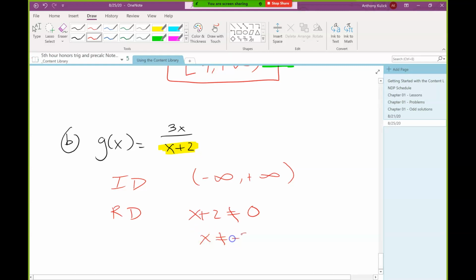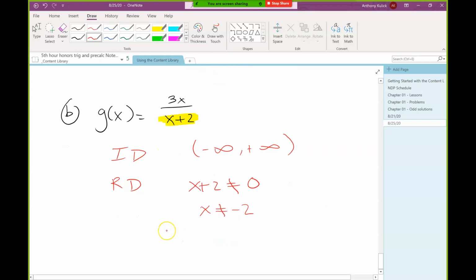So I can solve for this by subtracting 2 from both sides. But now I need to translate this not equals to equation into an inequality. Well, I'm actually going to need to use an or inequality to deal with this, because x not equal to -2 means that x either has to be less than -2 or greater than -2. Everybody agree with that?